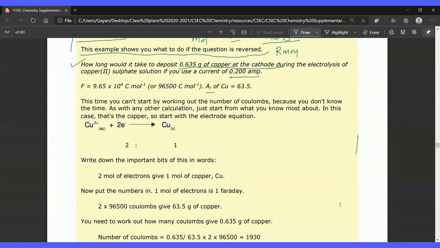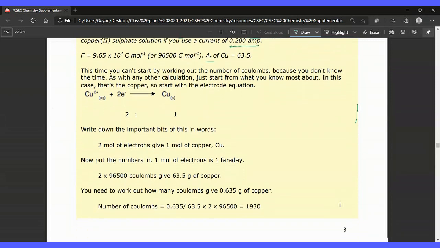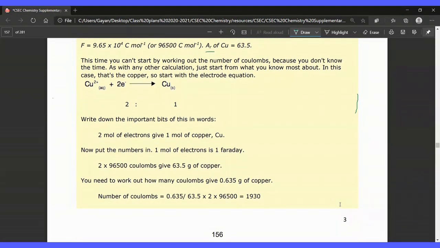This time you can't start by working out the number of coulombs because you don't know the time. As with any other calculation, just start from what you know most about. In this case, you know most about the copper. So let's start with the electrode equation. The electrode equation says that copper 2+ plus 2 electrons gives us solid copper, so there's a 2-to-1 relationship between our electrons and our copper.